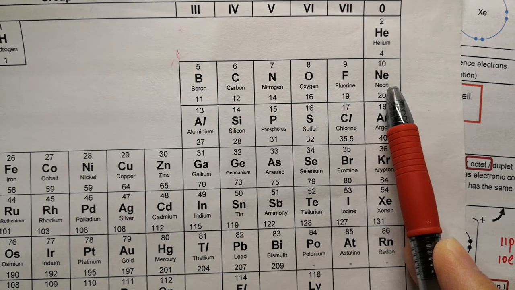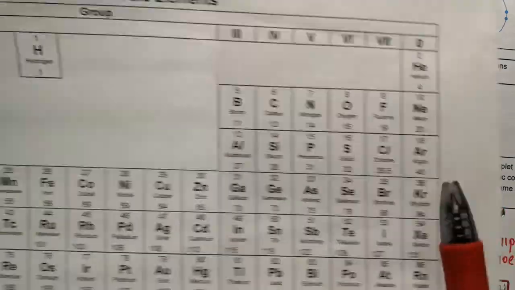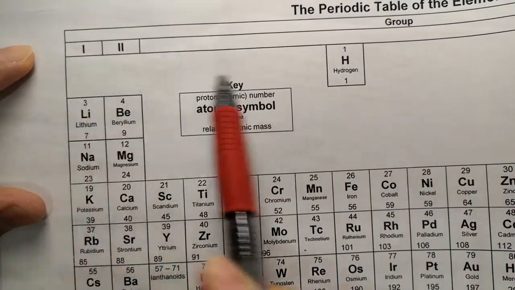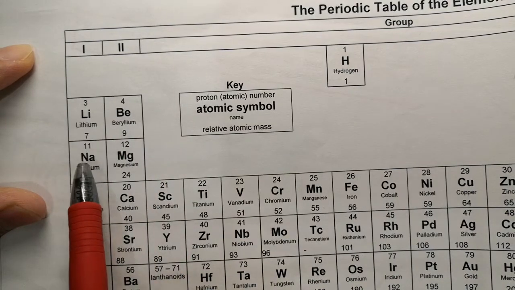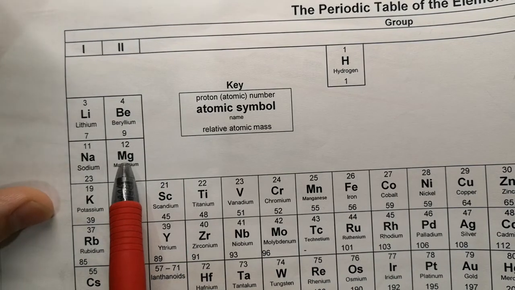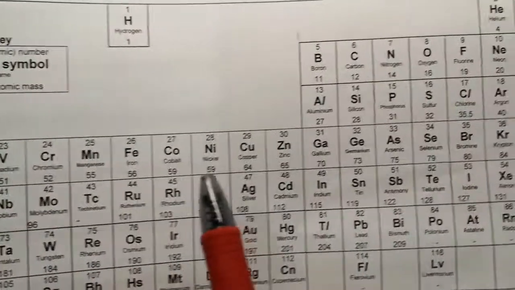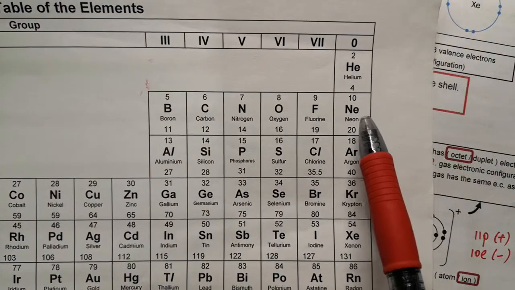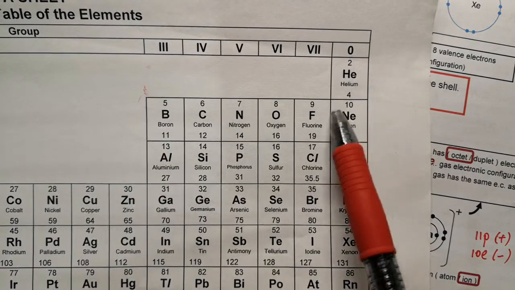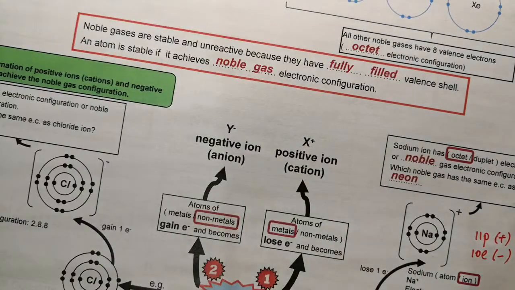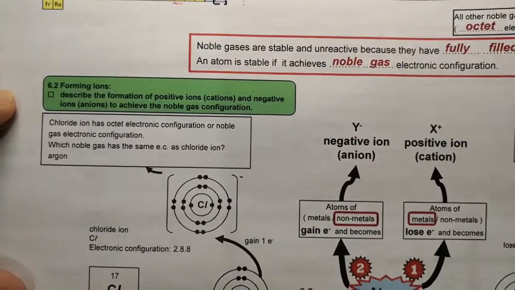You can see sodium is in period 3. This is period 1, 2, 3. When it becomes sodium ion, it has the electronic configuration of the noble gas in the previous period. Neon is period 2.